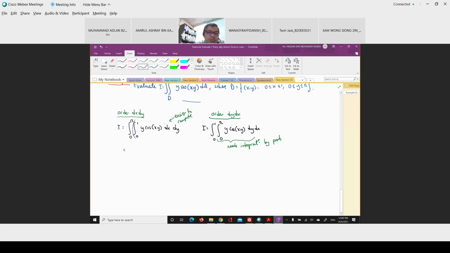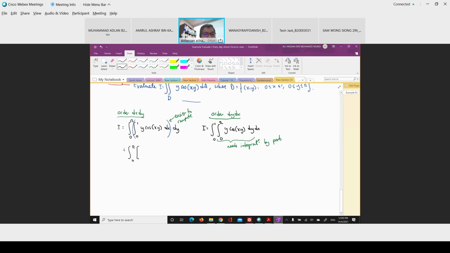So what is the integral with respect to x? What is the integral of y cosine xy with respect to x?